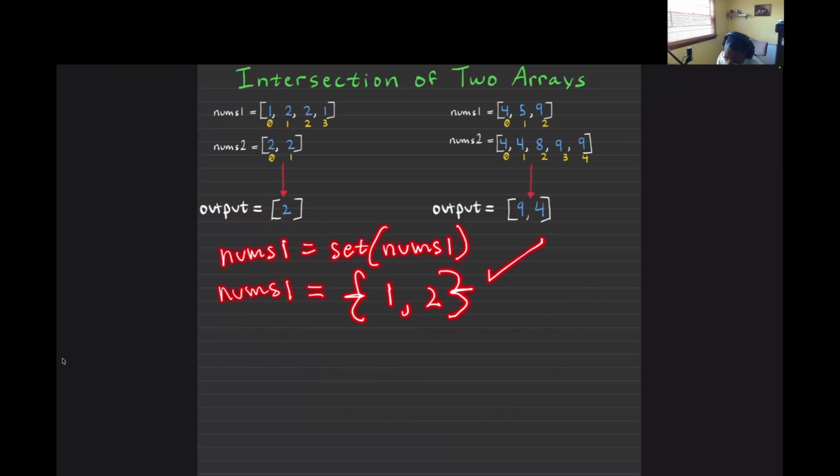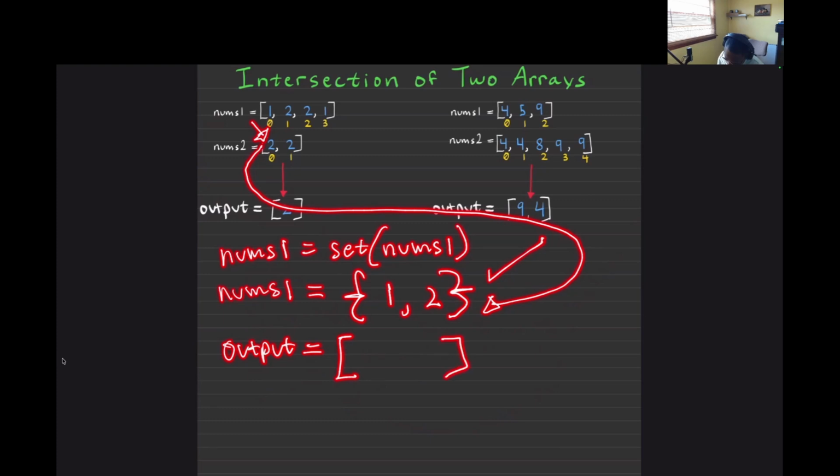And then next, we're going to iterate through nums2 now and check if that value is in the set, okay? If it is, we're going to add it to an array called output, okay? And in this case it is, so it's inside of that output array. And then we increment our pointer here.